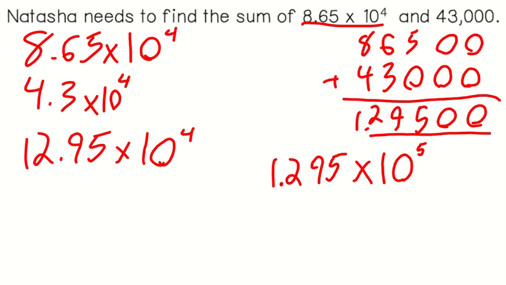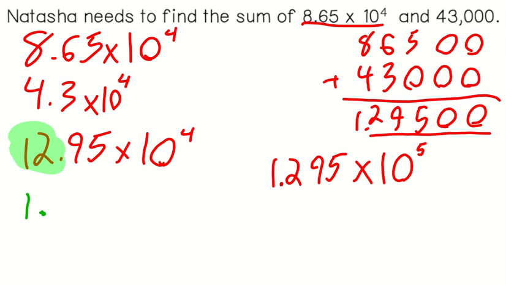Everybody follow how we got that on the right? We changed them to standard notation, added them, and then changed them back. So the one on the left had a problem. We said it has that double-digit number, and we need a number between 1 and 10, 1 or higher and less than 10. So basically 1 to 9 for that first thing. All right, so that means I need to change my decimal.